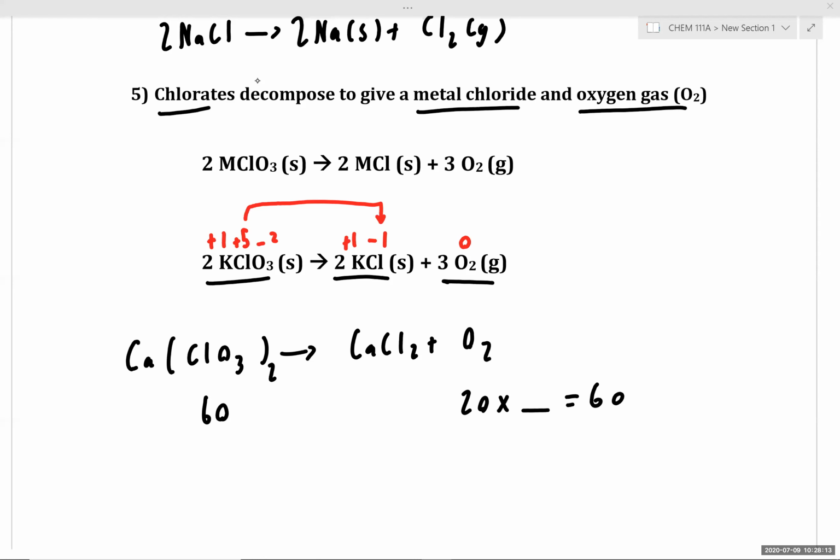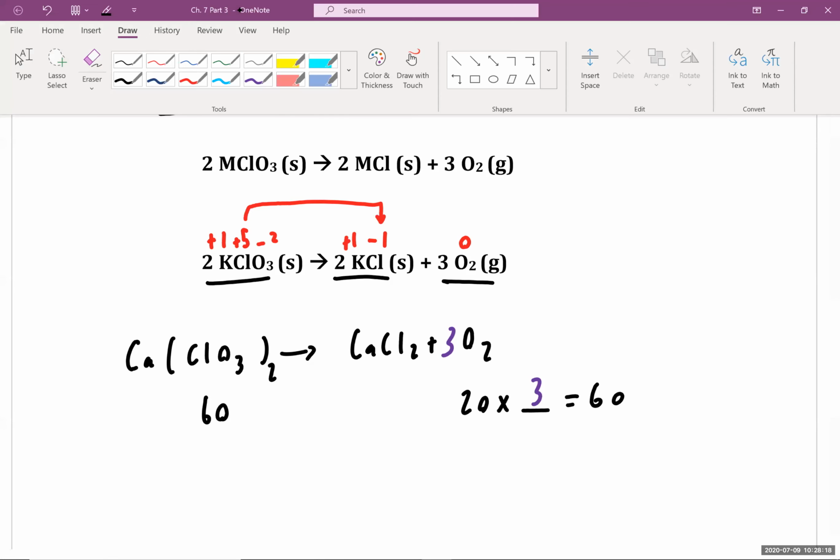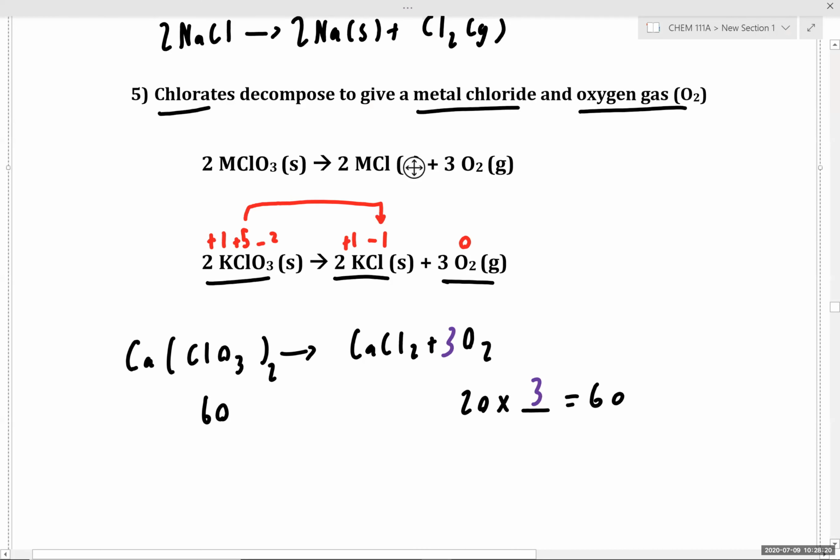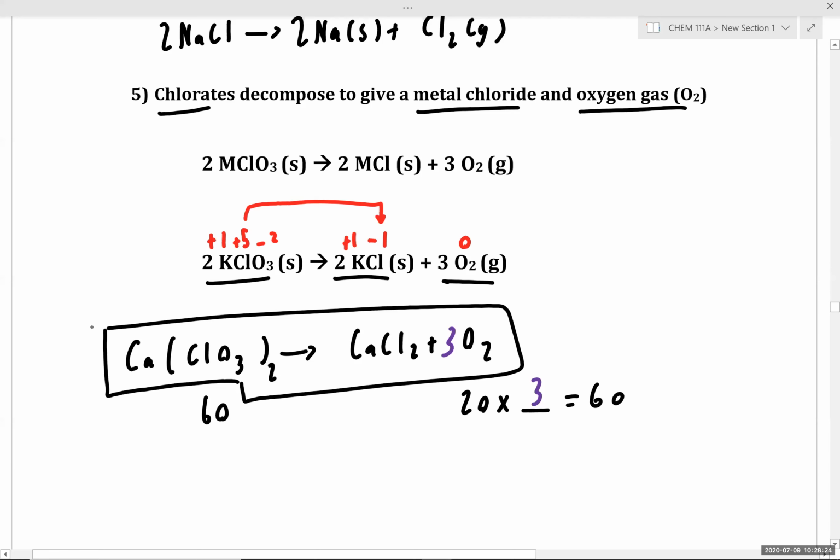Yep, exactly right. So we need a coefficient of 3. Now, just checking, it looks like we have a balanced chemical equation. Perfect. So this is just another example of chlorate decomposition. Any questions so far on decomposition reactions?